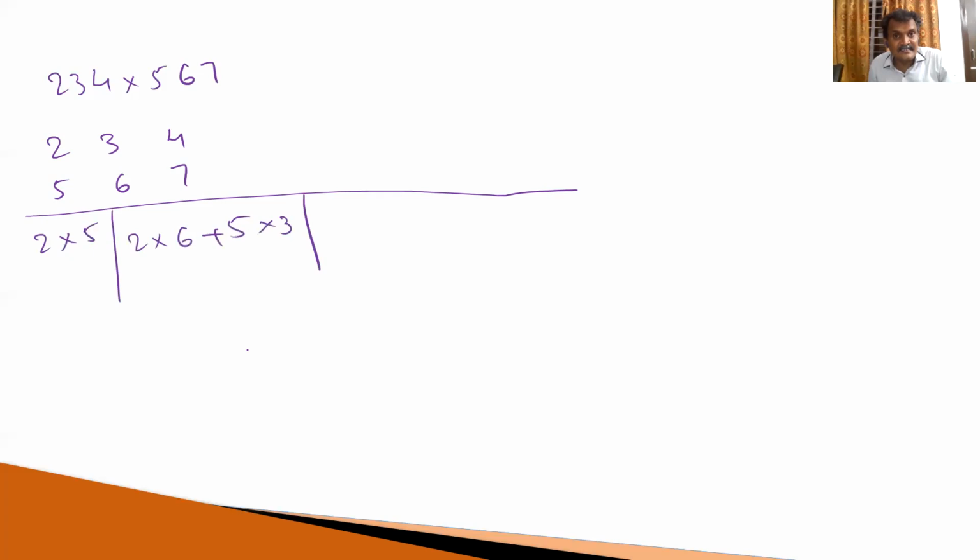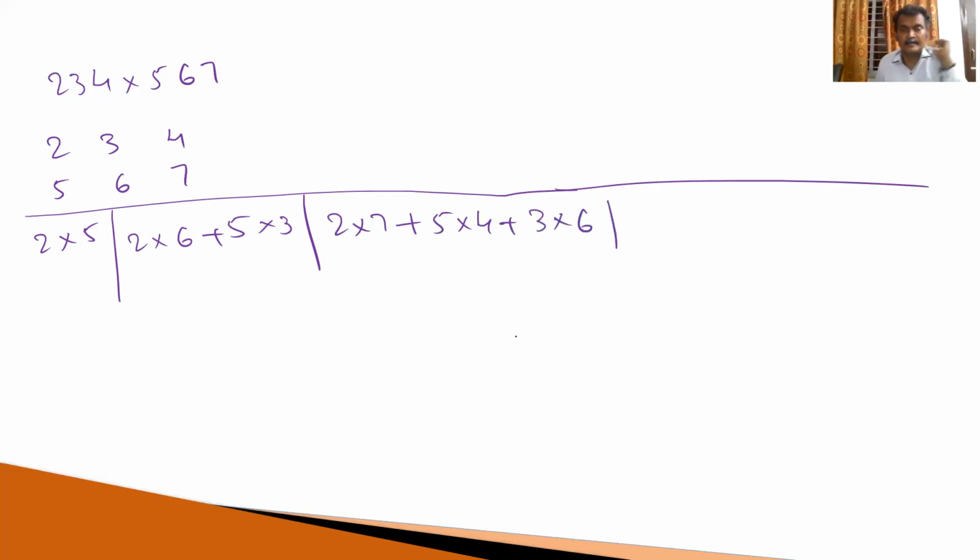What next? We require the 100 digit. How to get the 100 digit? 100 into unit. That is 2 into 7 plus 5 into 4 plus 10 into 10, 3 into 6. So 100 over.